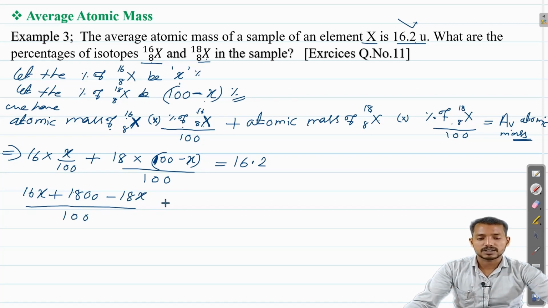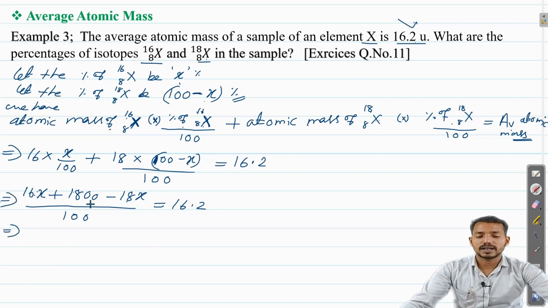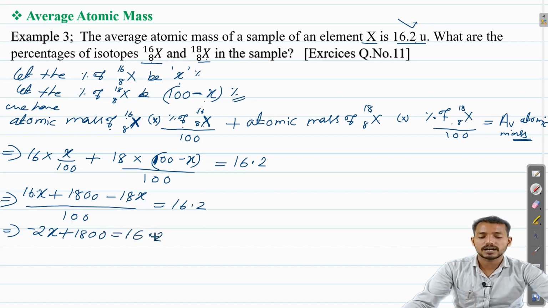All divided by 100 is equal to 16.2. That implies 16x minus 18x is equal to minus 2x plus 1800 is equal to 16.2. This divided by 100 will be multiplied by 100.